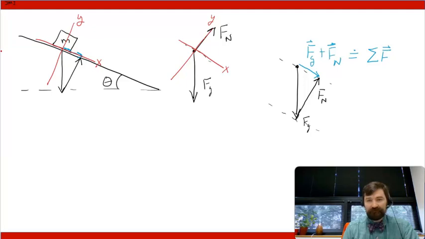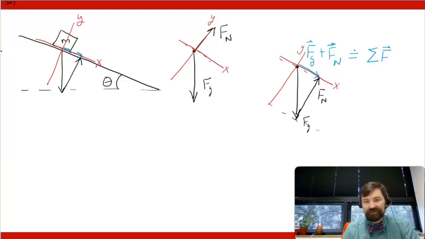forces? Well, what you should notice is that the y-axis is parallel to the normal force. So with this new coordinate system, the normal force is entirely along y, and if I draw that same coordinate system over here, that also means the net force is entirely along x.